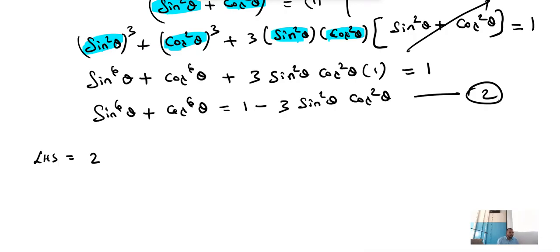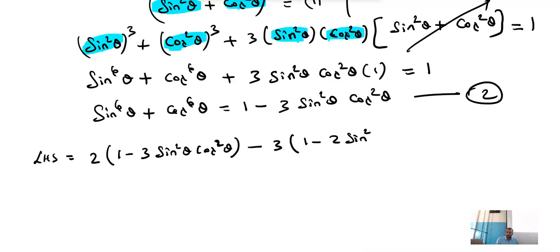Now what is sin power 6 theta plus cos power 6 theta value? 1 minus 3 sin square theta into cos square theta minus 3 into what is sin power 4 theta plus cos power 4 theta? 1 minus 2. What we got? See equation 1. Sin square theta into cos square theta. Done. 2 into sin power 6 plus cos power 6 is this, minus 3 into this plus 1.